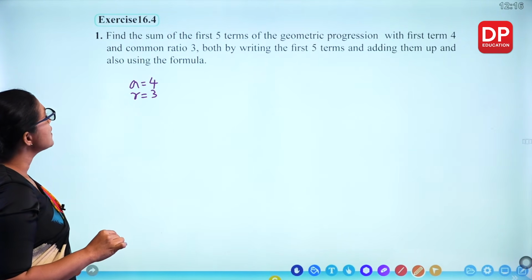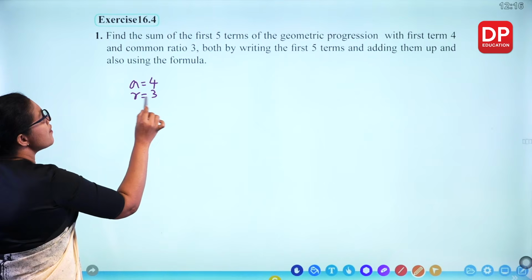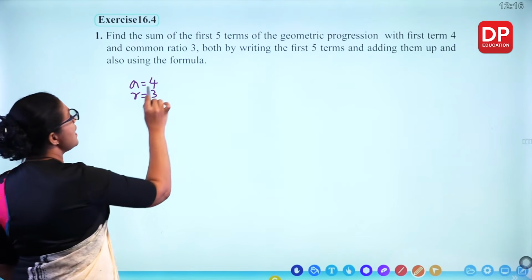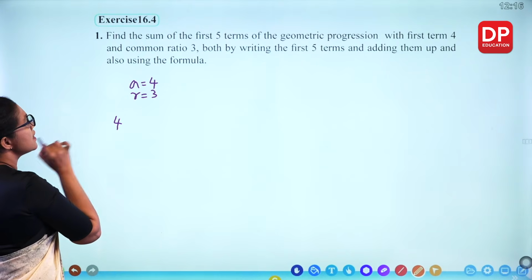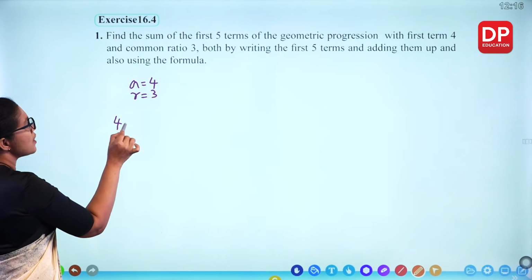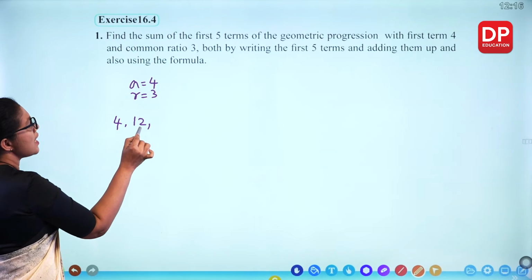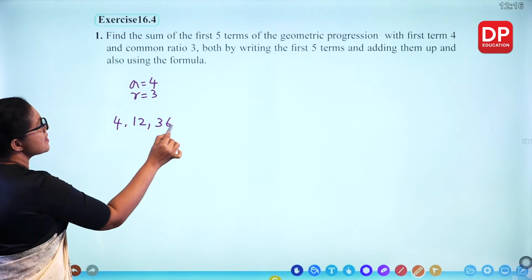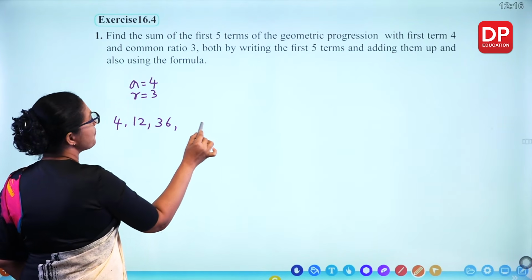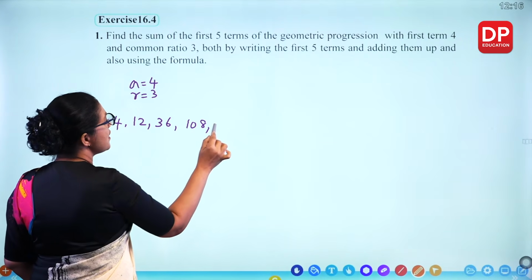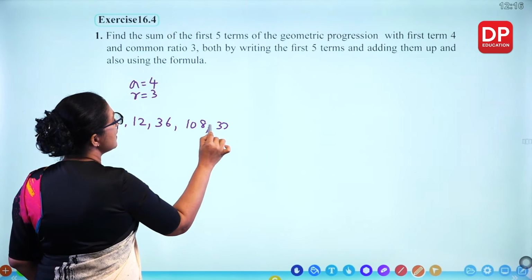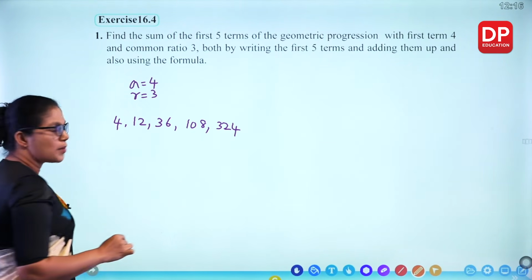So you need the first 5 terms. r equals 3 and a equals 4. So we'll write down the first 5 terms starting from 4. 4 times 3, 12. 12 times 3, 36. 36 times 3, 108. 108 times 3, 324.